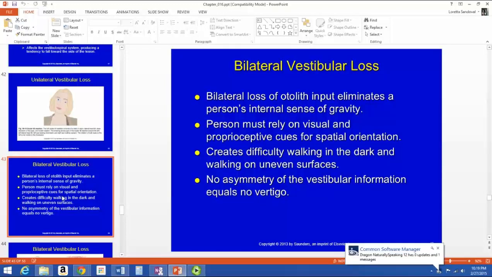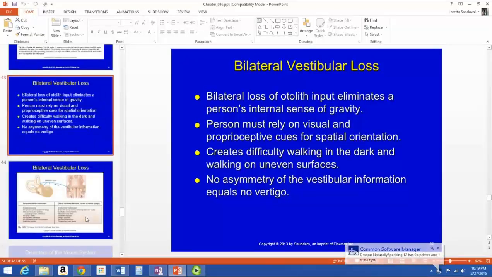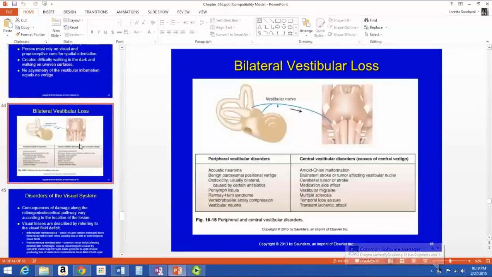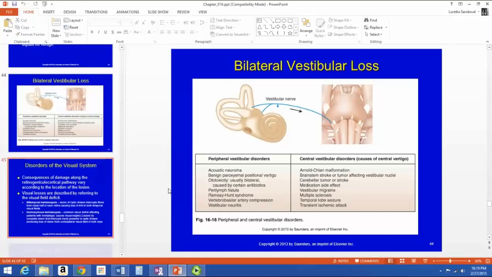So with bilateral vestibular loss, vertigo is not usually one of the symptoms. It's usually balance and postural issues. There's a little chart of different things that might cause it, a list of peripheral vestibular disorders and then central vestibular disorders, which is kind of interesting.